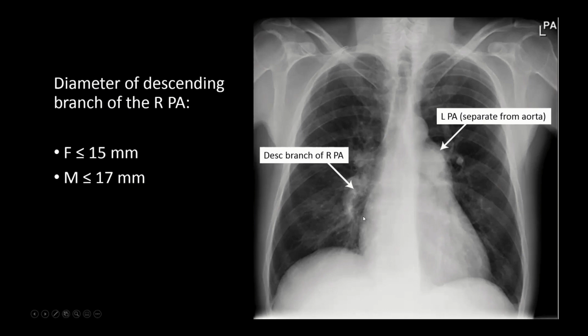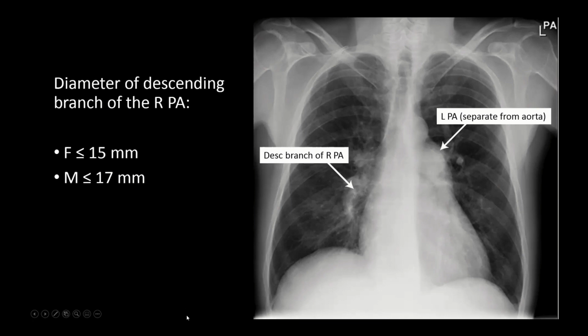It's easiest to see the descending branch of the right pulmonary artery because it's separate from the heart border, unlike the left pulmonary artery, which is silhouetted by the left heart border. So the descending branch of the pulmonary artery on the right side is separate from the right heart border.